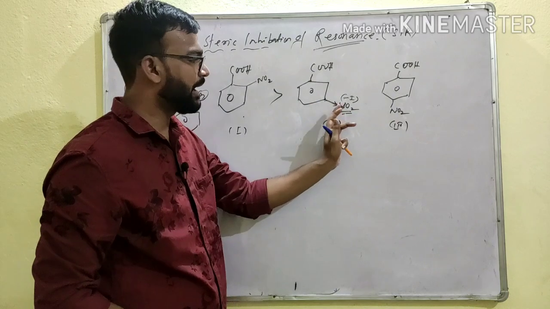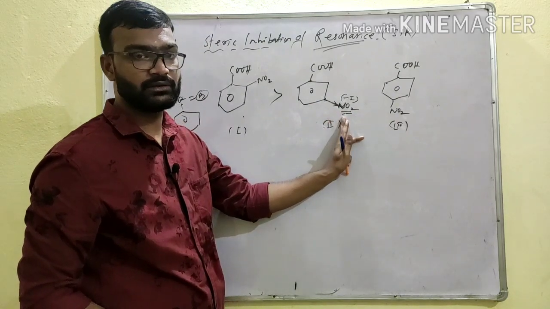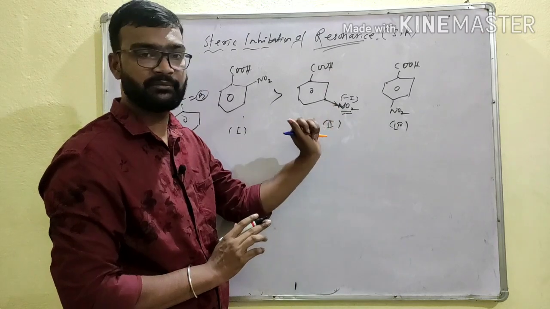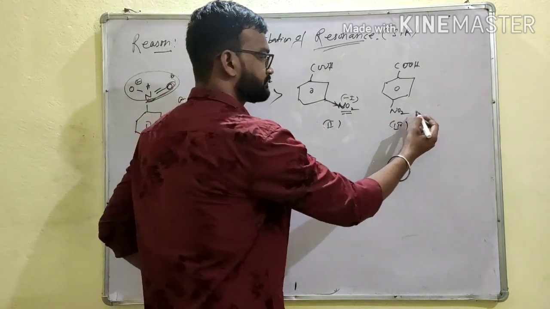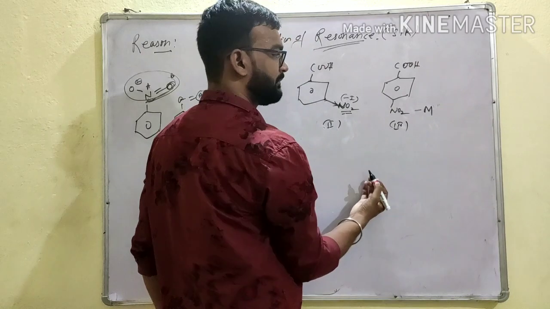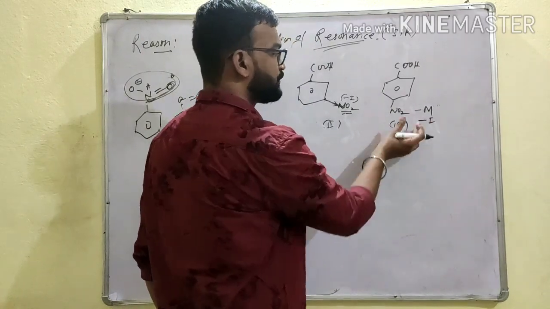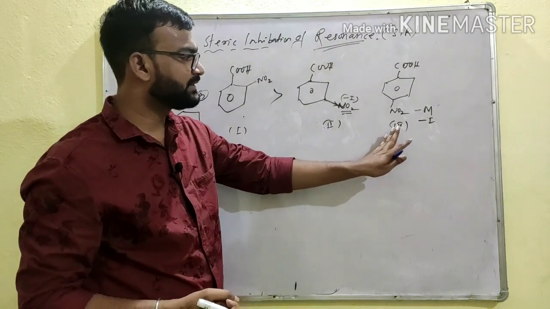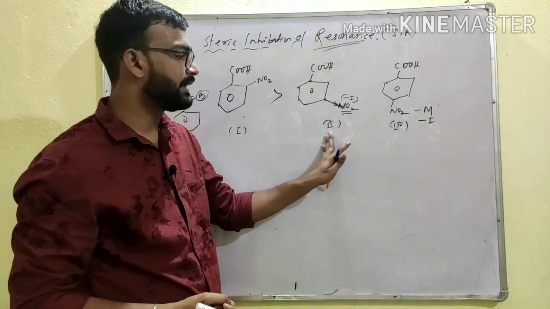Minus M is not going to be there, because there is no resonance at the meta position. But at para there is minus M and also minus I, so this will withdraw more electrons. So the acidity of that one will be more as compared to the meta position.